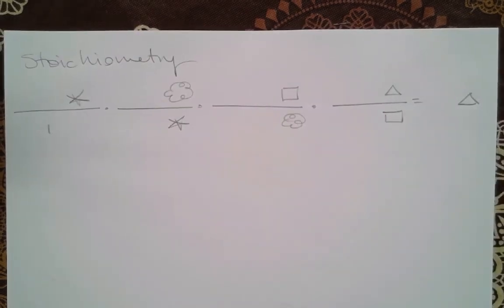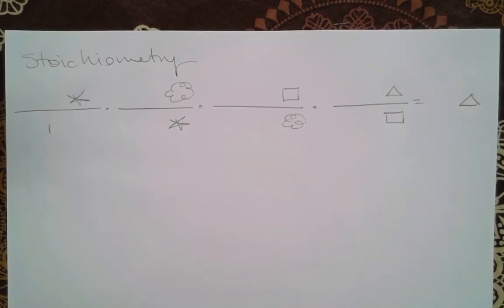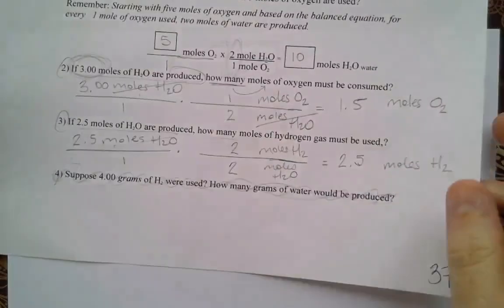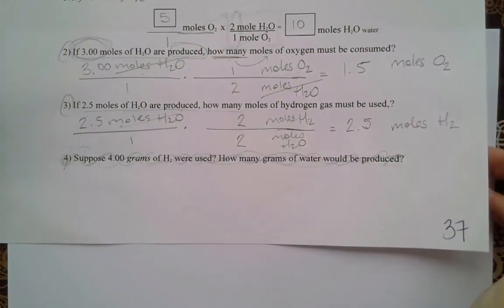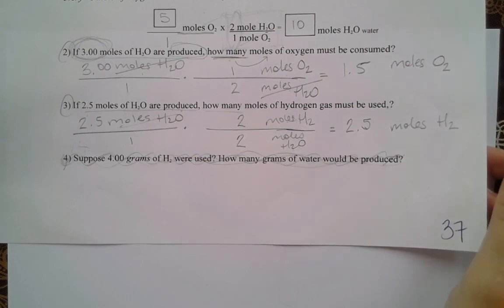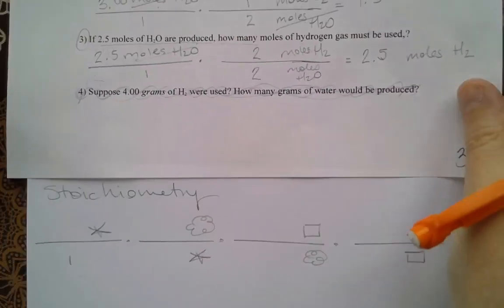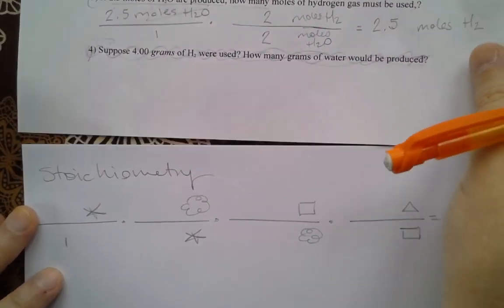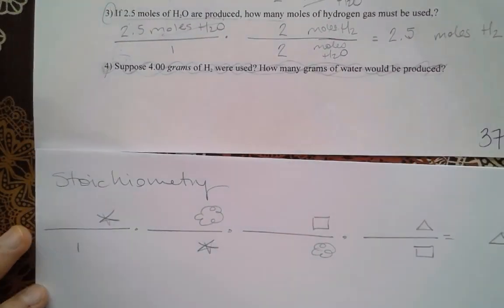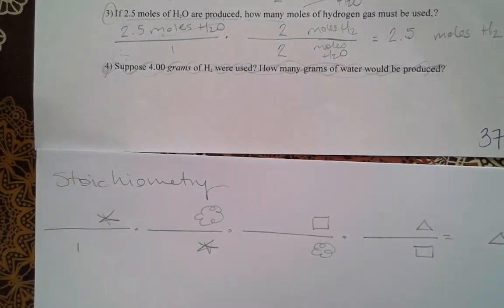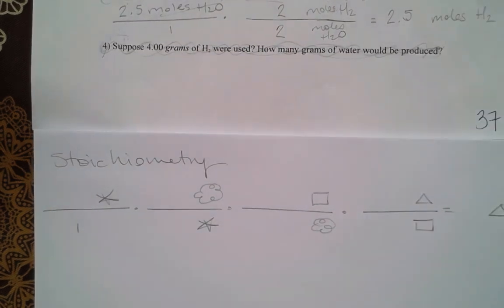So let's do an example. I'm thinking we're going to do this as your first example, just on the bottom of that mole ratio page from Friday. Off we go. So suppose that 4 grams of H2 were used. The question is, how many grams of water would be produced? Here we go.